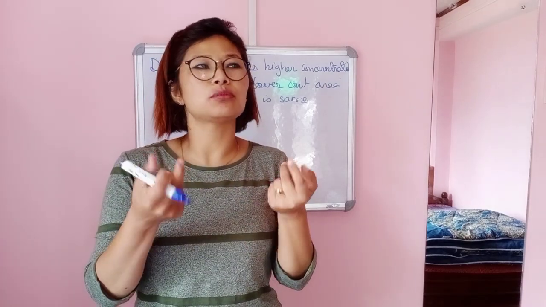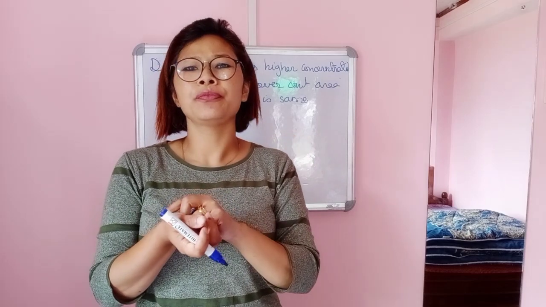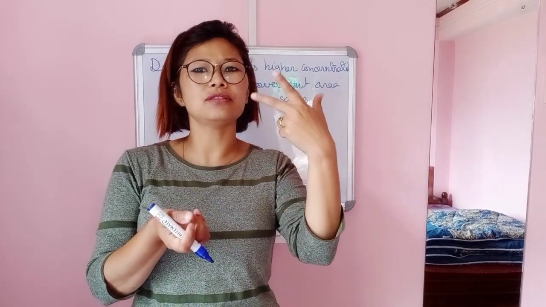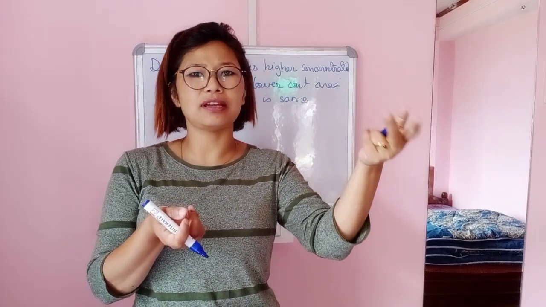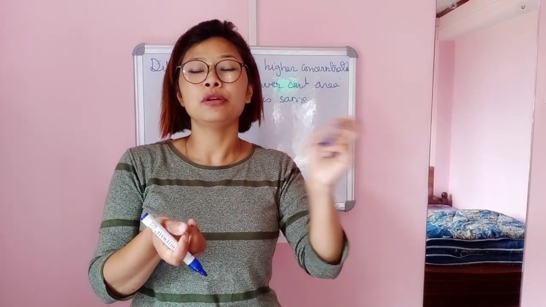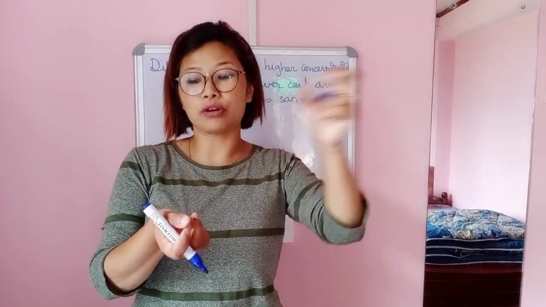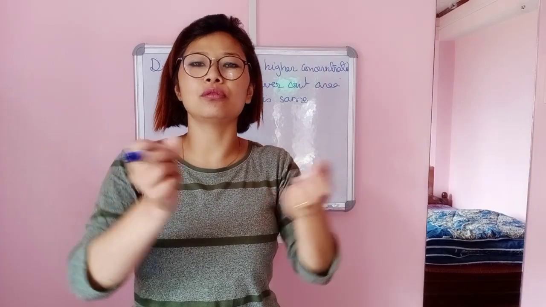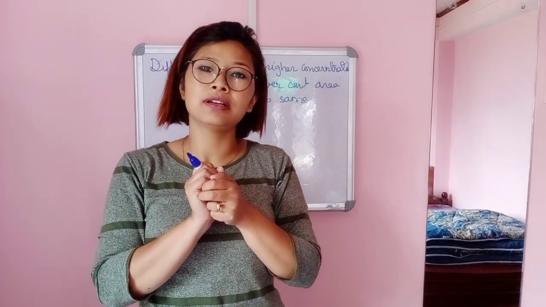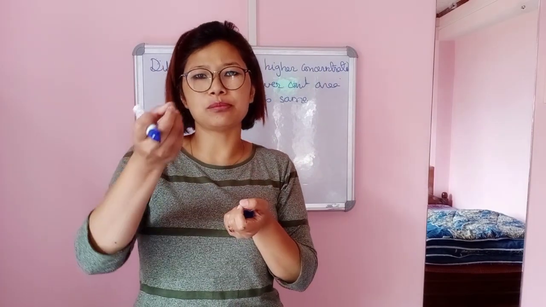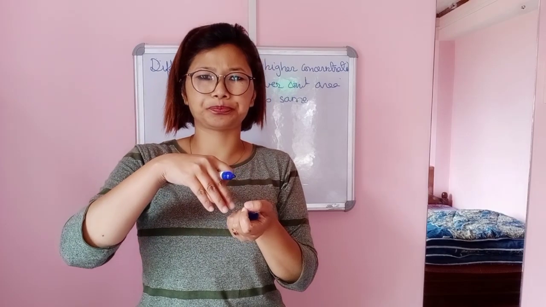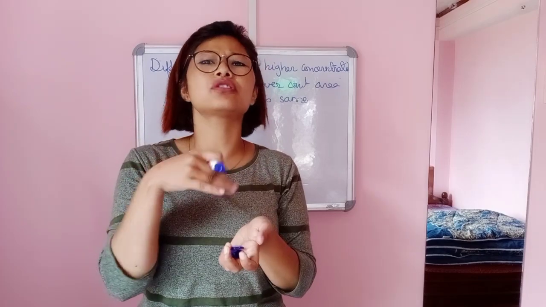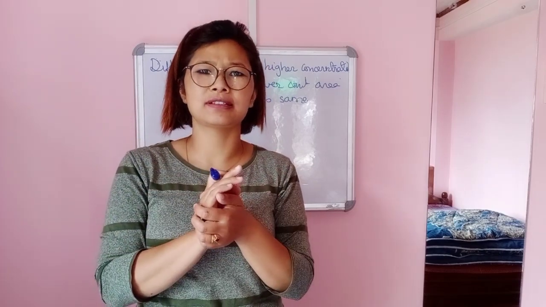Another example is perfume. When you put perfume, after some time you can smell it at a particular distance also, because the molecules move from the concentrated area to the lower concentrated area. Or if you put some sugar in water and don't stir it, you just keep it like that.